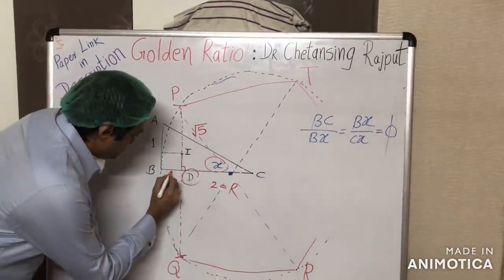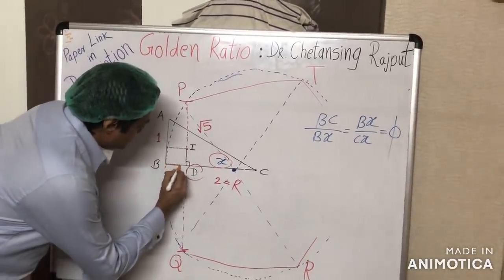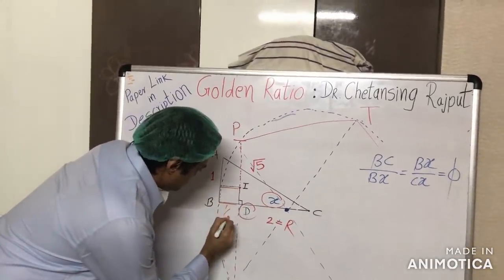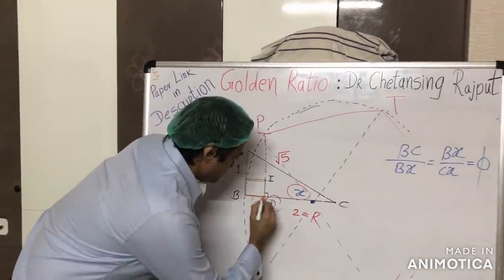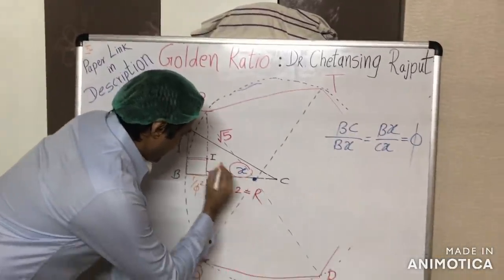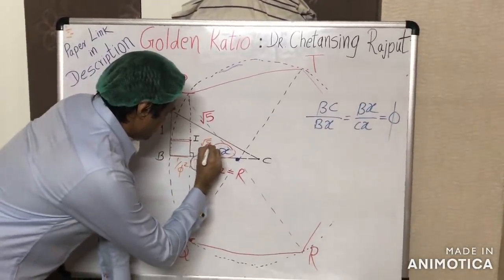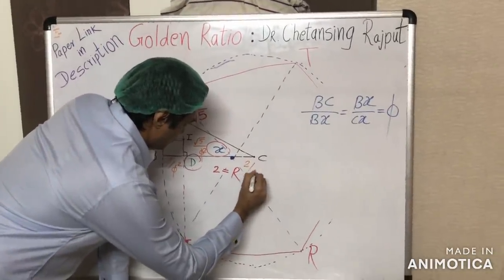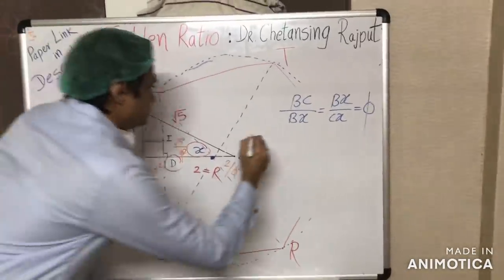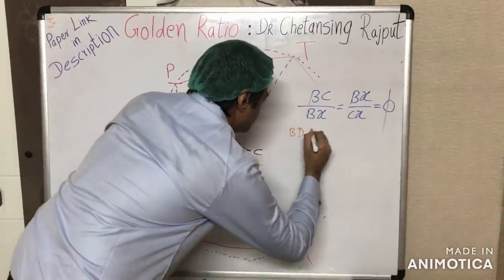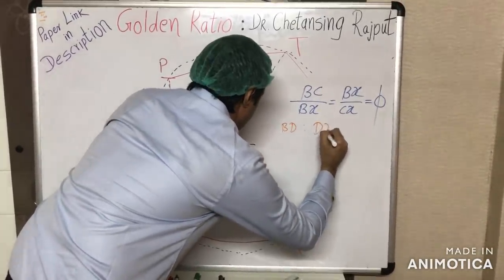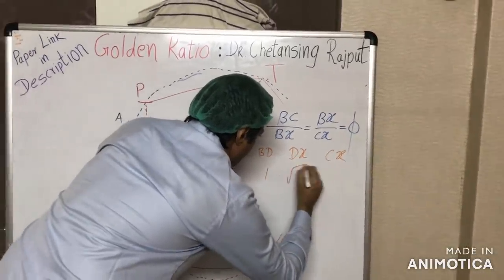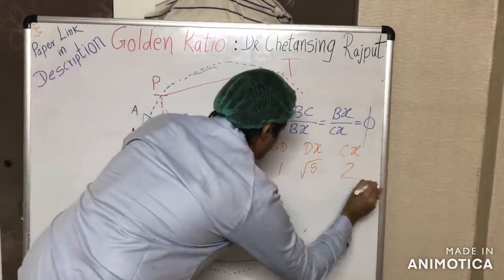This length here is equal to the inradius of the reference triangle. This is 1/5 square. This length here, DX, is √5/5 square, and this length here, CX, is 2/5 square. Hence, BD to DX to CX is precisely 1 to root 5 to 2.